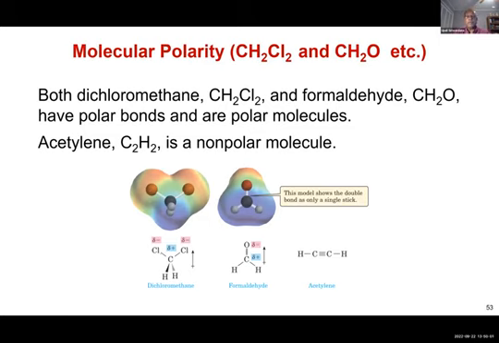So therefore, CH2Cl2 has polar covalent bond. They don't cancel in the geometry. Therefore, they are polar. So we finish chapter 3.